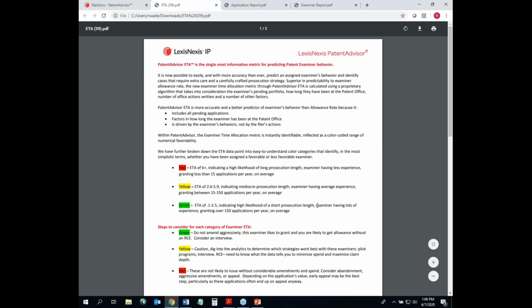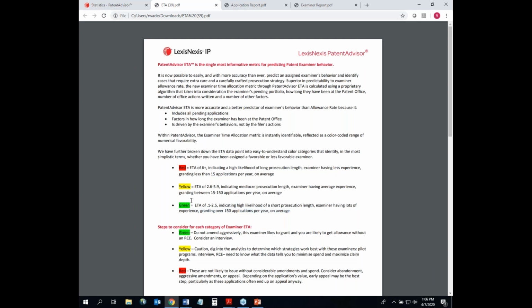A reason we think that you'll have a short prosecution length is because this examiner has lots of experience and is granting over 150 applications per year on average. So if you have a green examiner, you do have that high likelihood that things are going to run quickly.